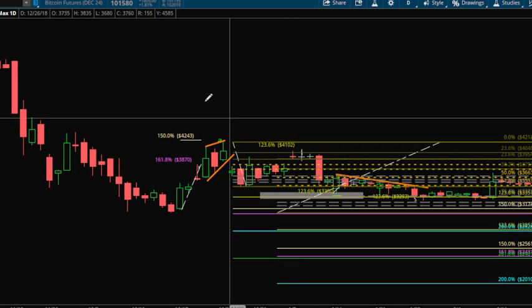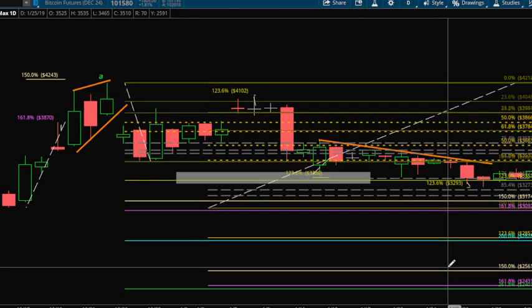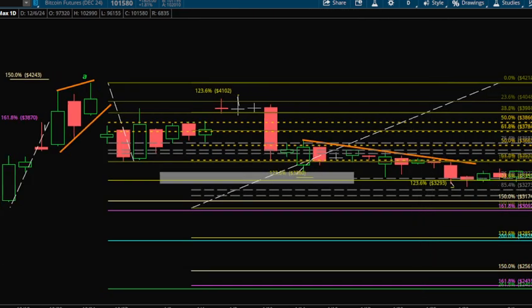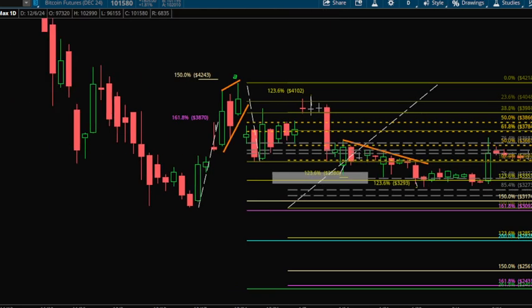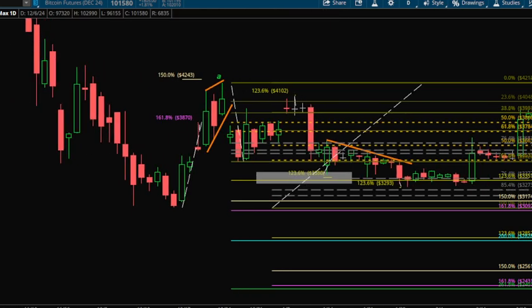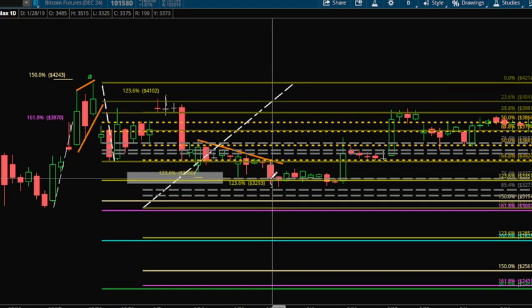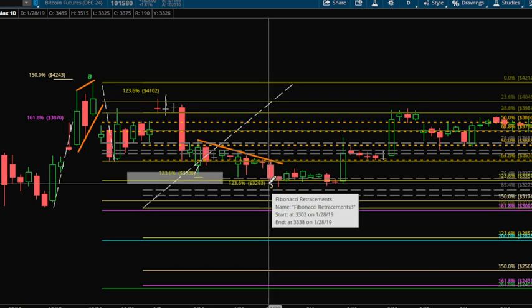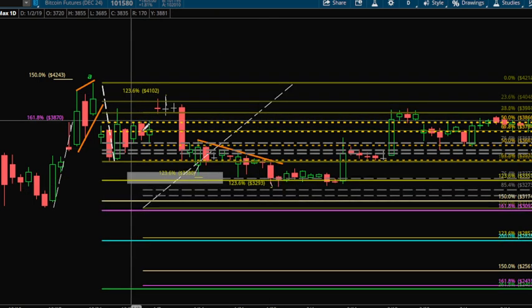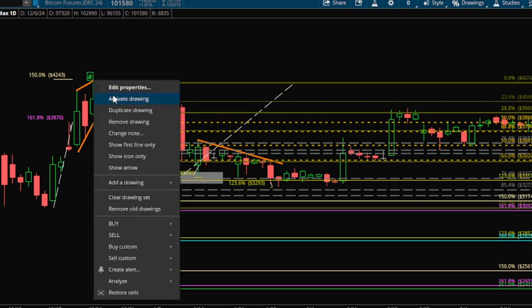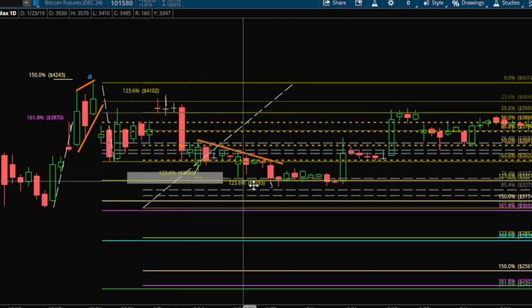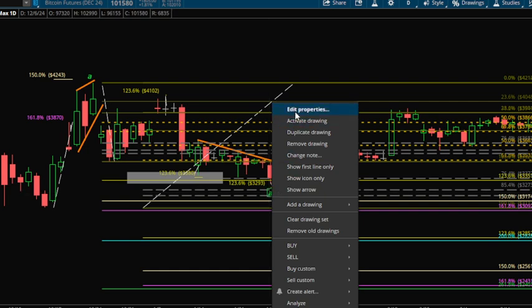Okay. Sorry about that. Okay, so now this gives me a point of origin that now this could be, the correction could be complete for the B wave. So I will put a B here.